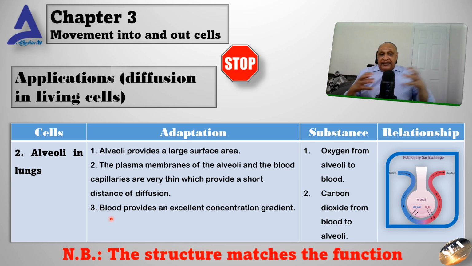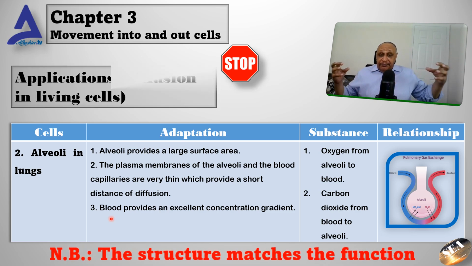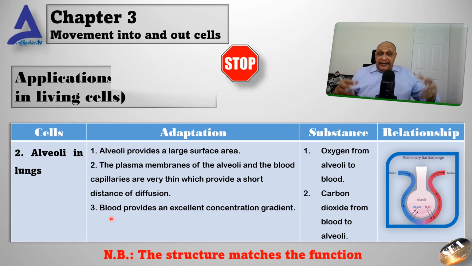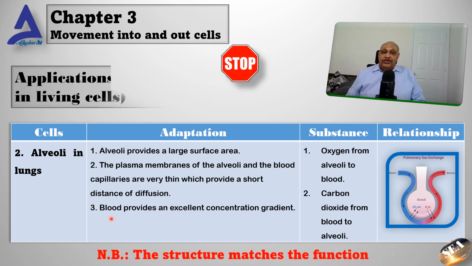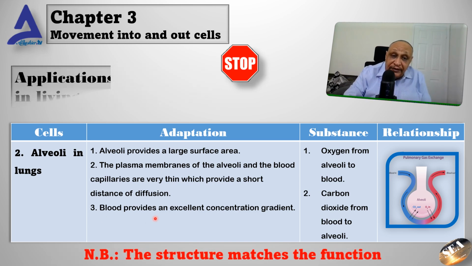That means the concentration gradient is big between them, an excellent way to increase the rate of diffusion. So those are three very important adaptations.